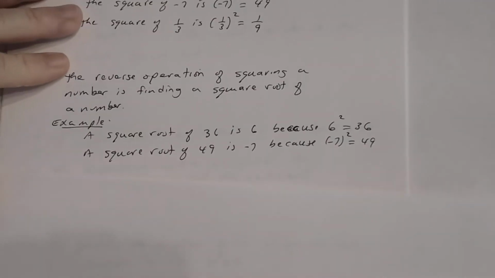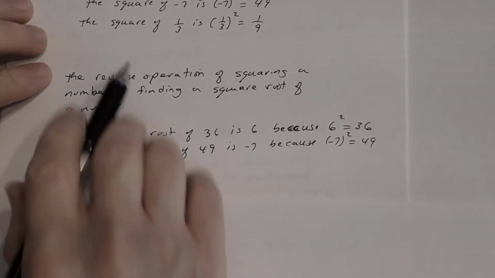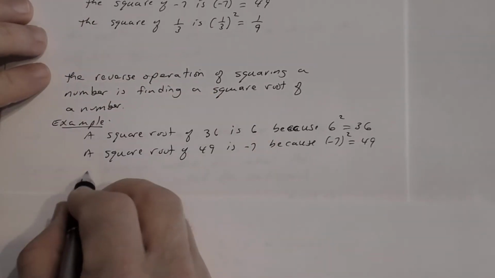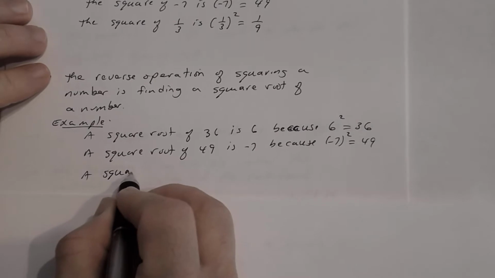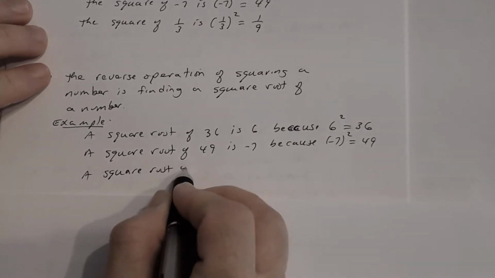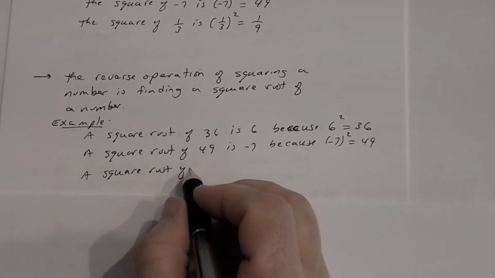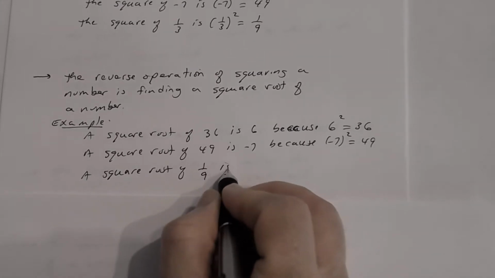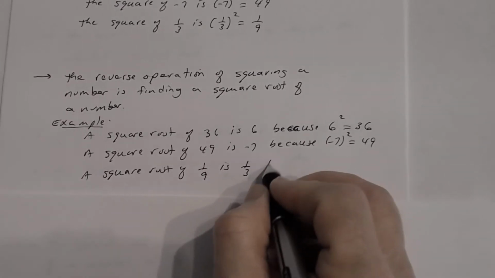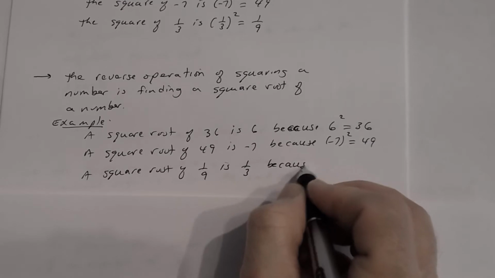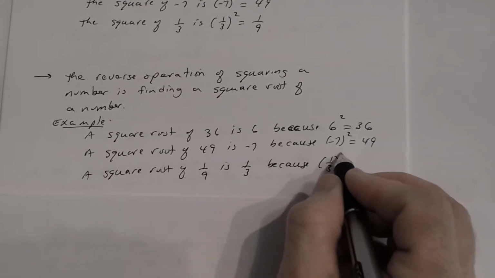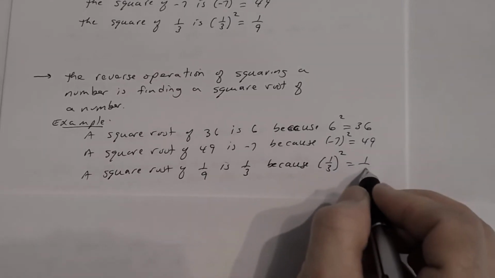Let's do the last one right here. A square root of 1/9 is 1/3 because 1/3 squared is 1/9.